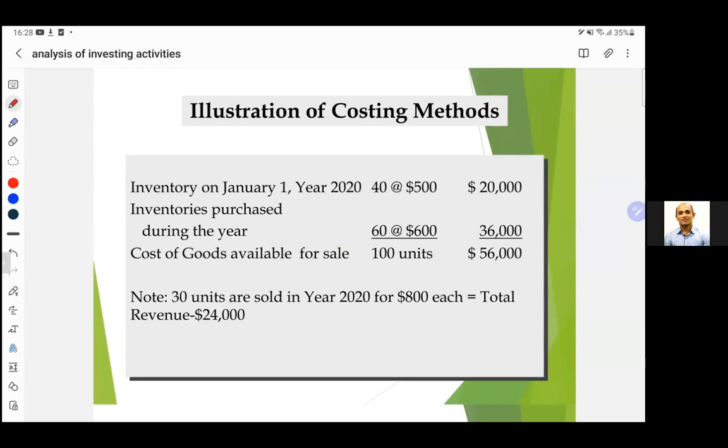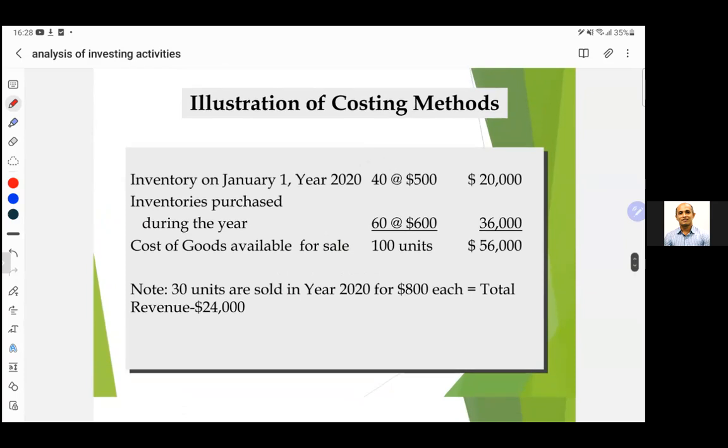On 1st January, at the beginning of the year, you had 40 units. These 40 units were purchased at the price of 500.